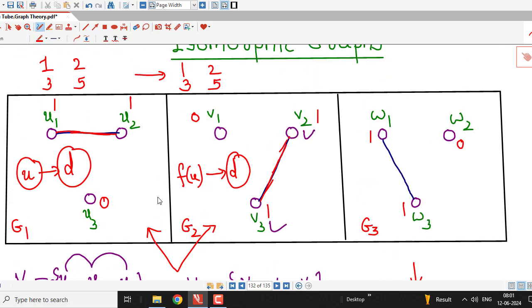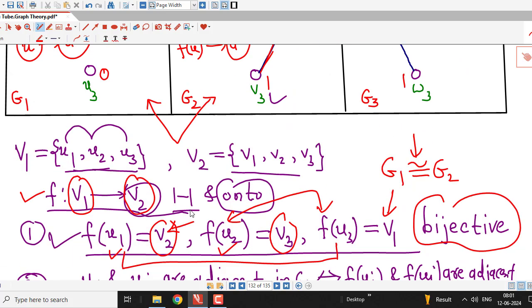So remember, to prove that two graphs are isomorphic, we must show the existence of this type of bijective function.